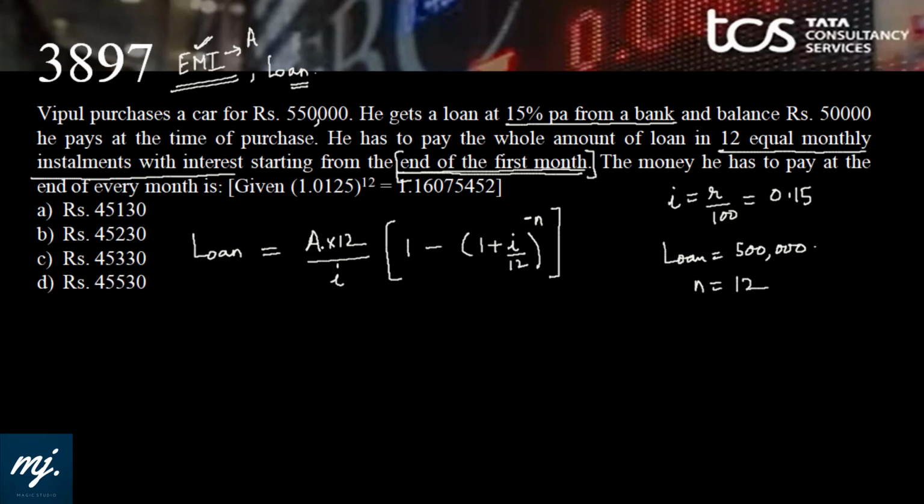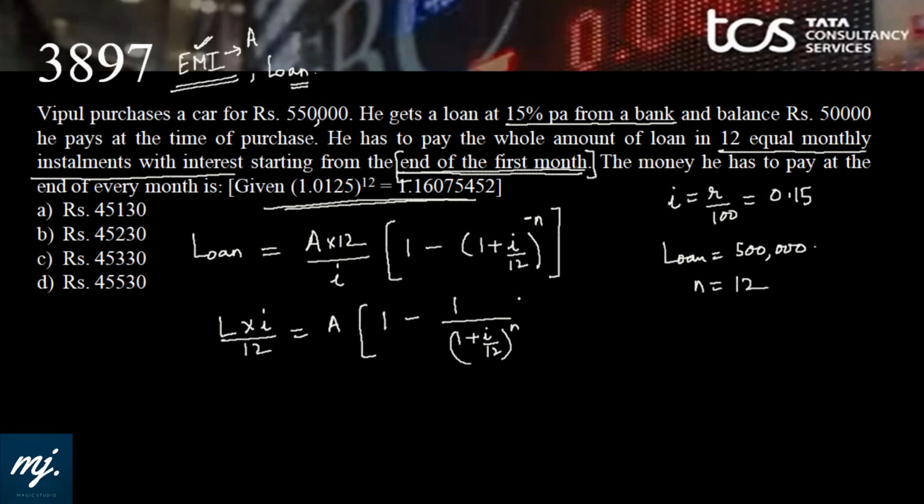Okay. So, to ease calculation, something is also given to us in the table directly. Let me first find the value of A directly. Let's do this now. Loan amount into I divided by 12 equals A into, I can write this as, 1 minus 1 upon 1 plus I by 12 to the power n.